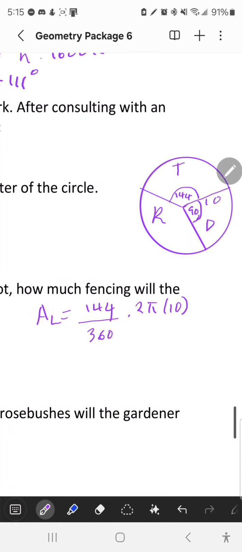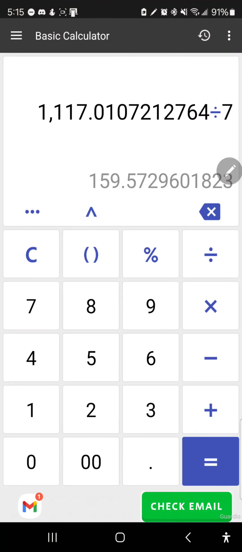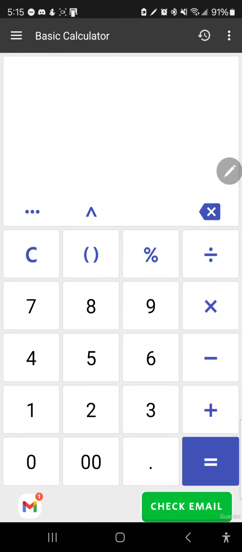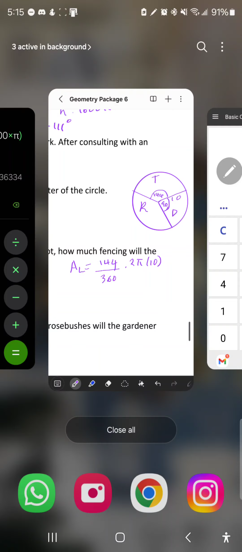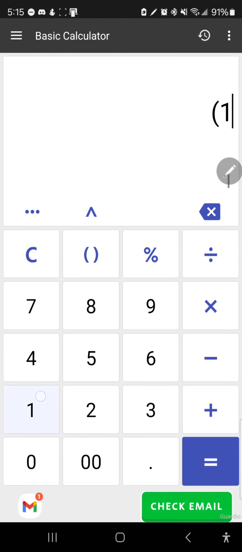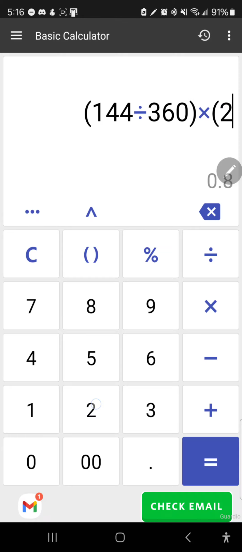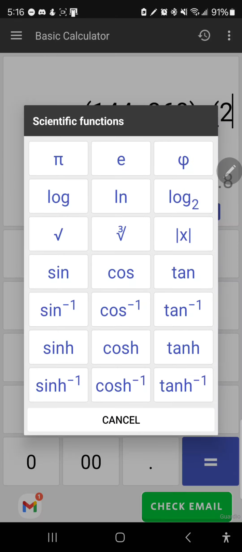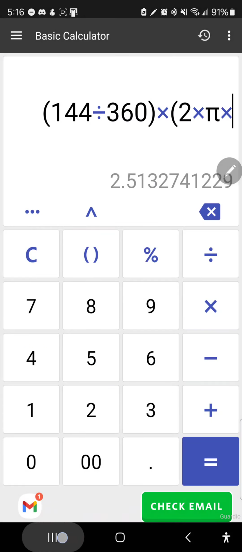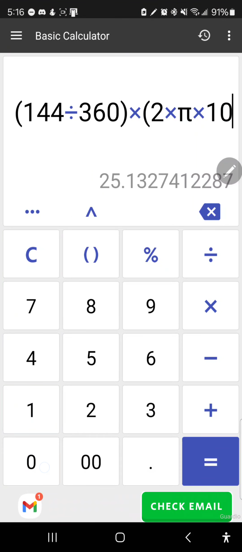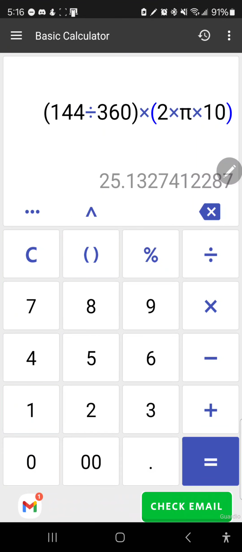Now we put this in our calculator. 144 over 360 times 2 pi r. R was 10. That's approximately 25.3.